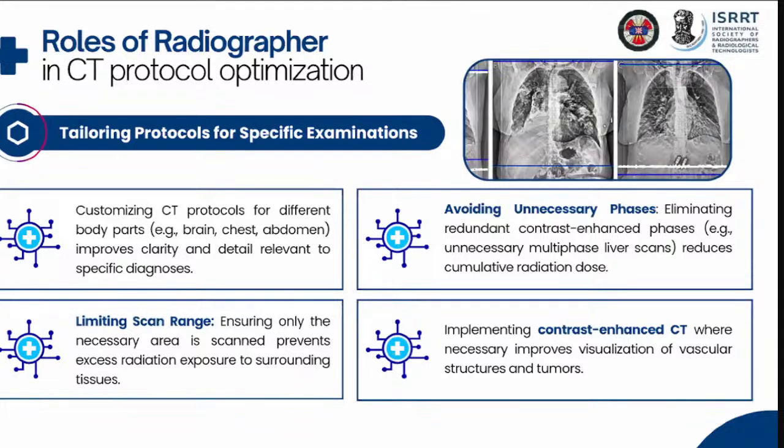Same goes for the actual scan. You cannot accidentally or intentionally scan extra range, because this is to show your professionalism, how you uphold that patient's safety is your most priority.